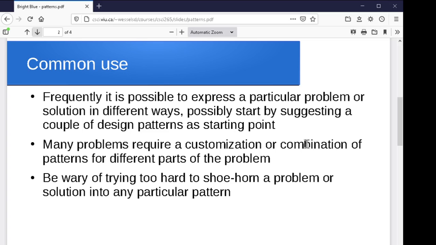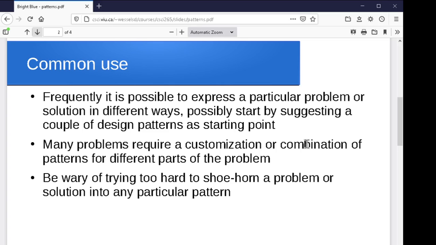An awful lot of problems are going to require a customization of a specific pattern or a combination of different patterns, and you blend them together in the way that makes the most sense. Again, the idea is this is a possible starting point for design.